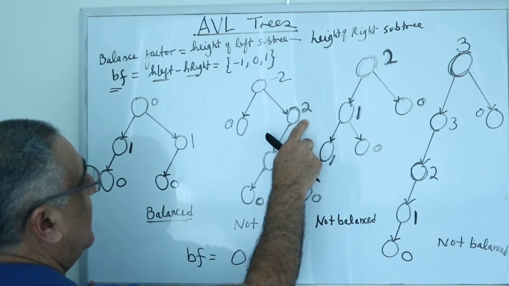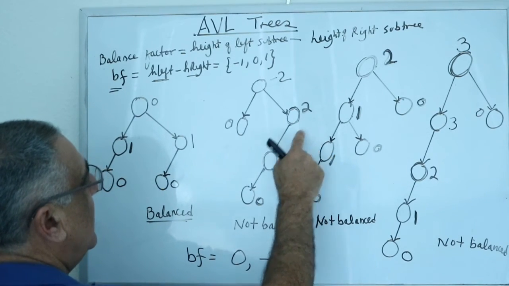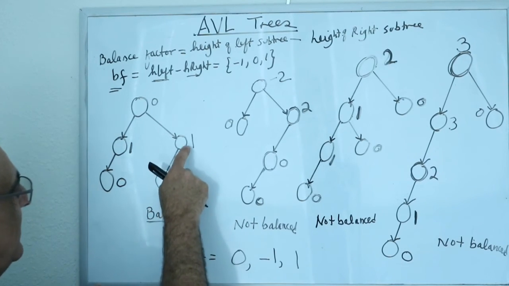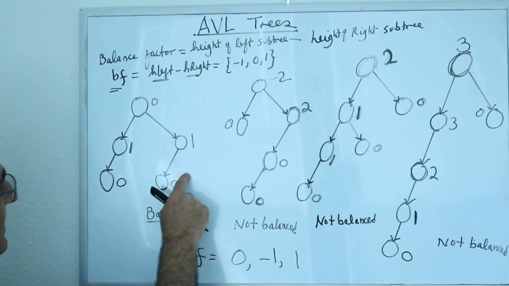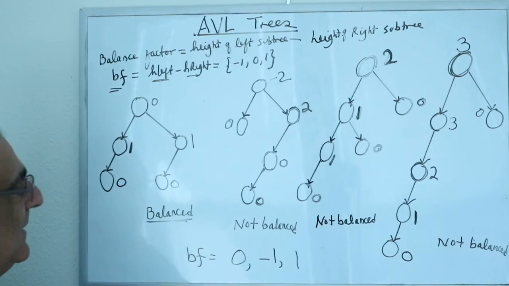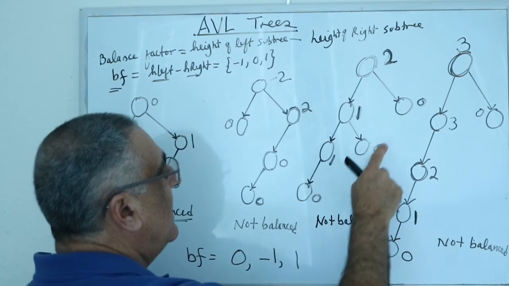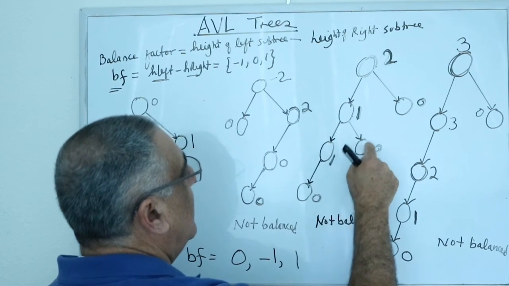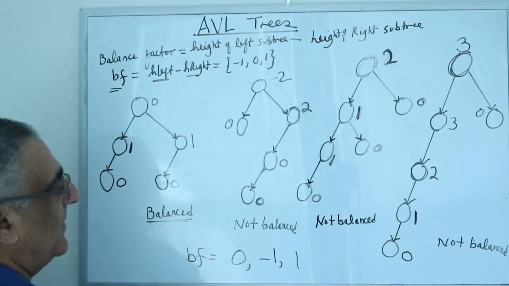Like this level here, this is level 0, level 1, then the next level is 2, 3, so it's more than 1. While if you look at this level 1 to the next level, there's only a depth of 1. That's why this is balanced and this is not, because from this level to the next there is more than one level.